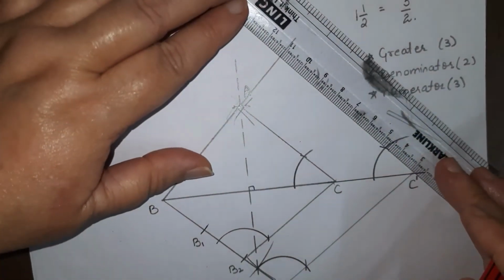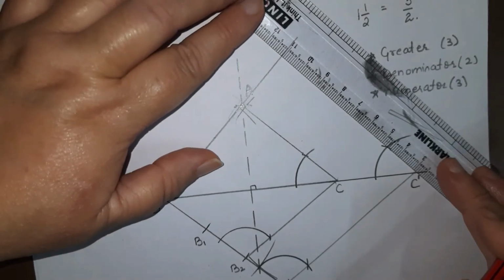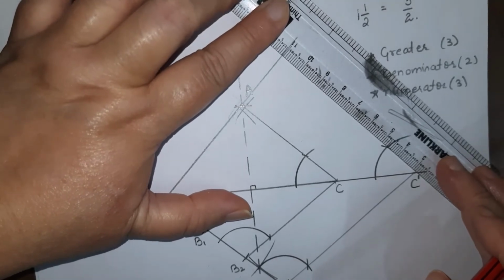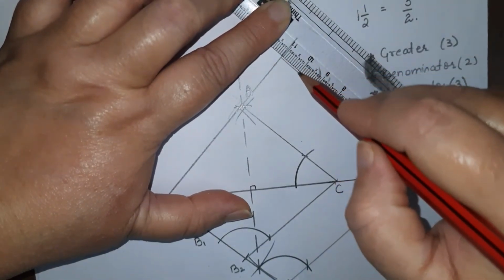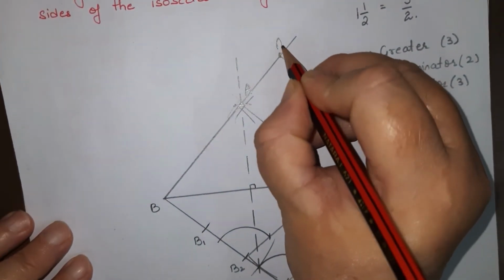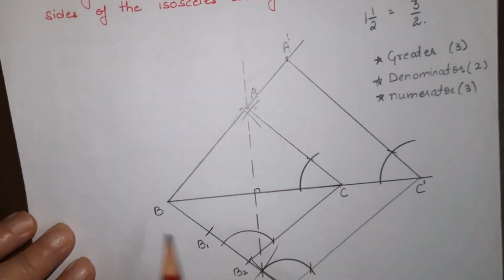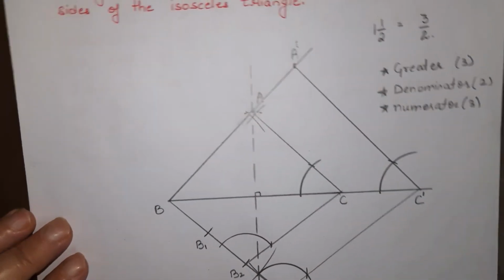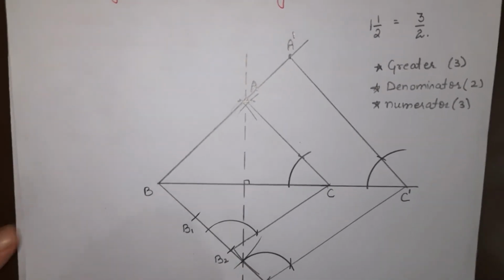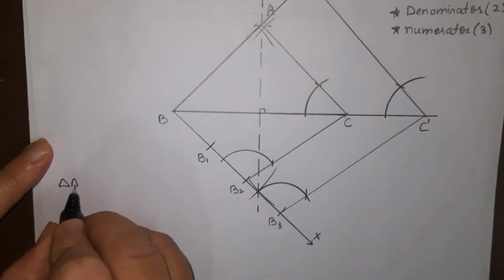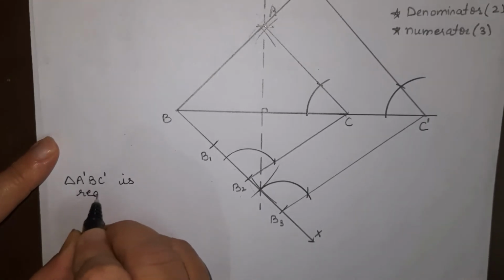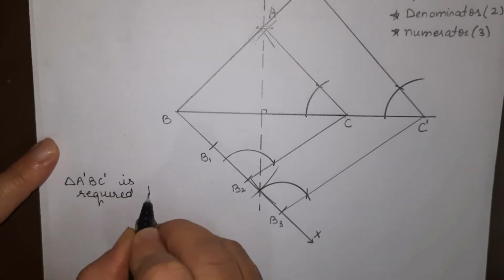So it will be like this. So this point is A dash. So A dash, B, C dash is the required triangle. So we will write this first: triangle A dash B C dash is the required triangle.